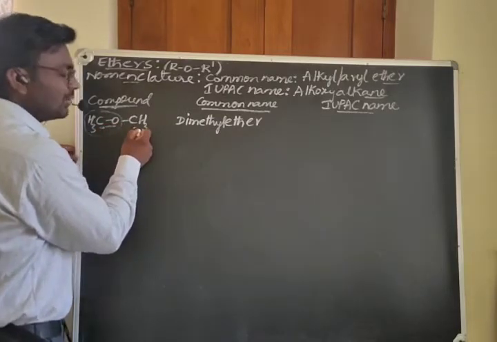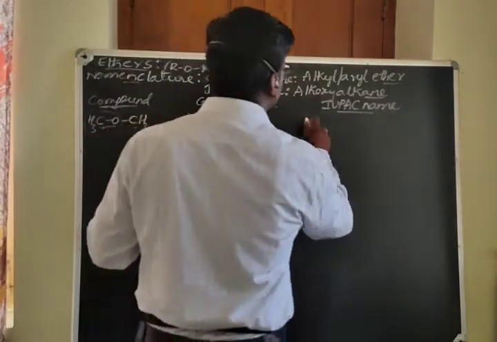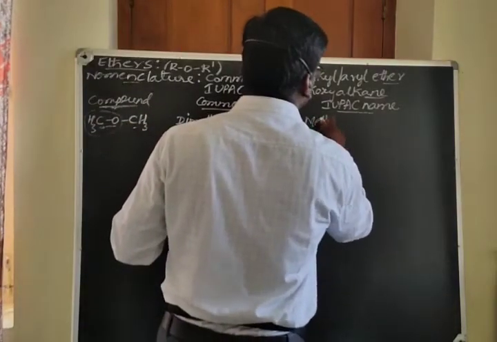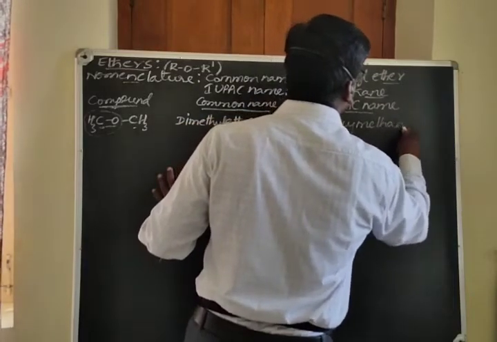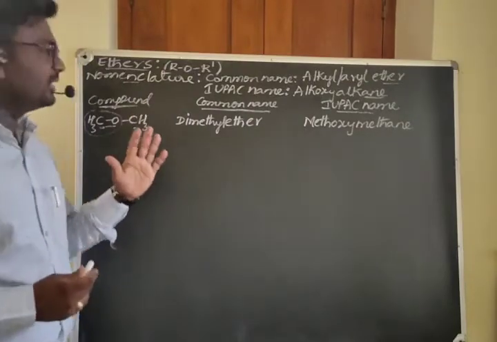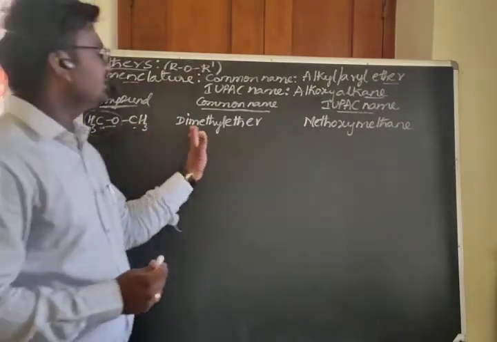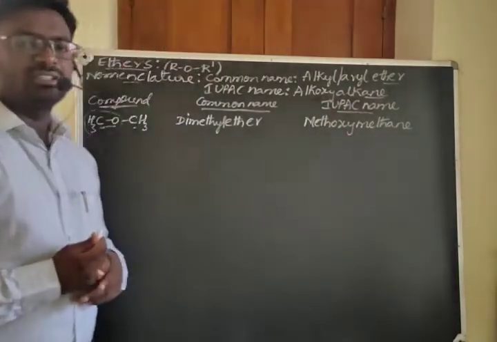What is this? A one-carbon alkane, methane. Methoxymethane is the IUPAC name of the compound. These are completely different: in the common system we call it dimethyl ether, and in the IUPAC system we call it methoxymethane.